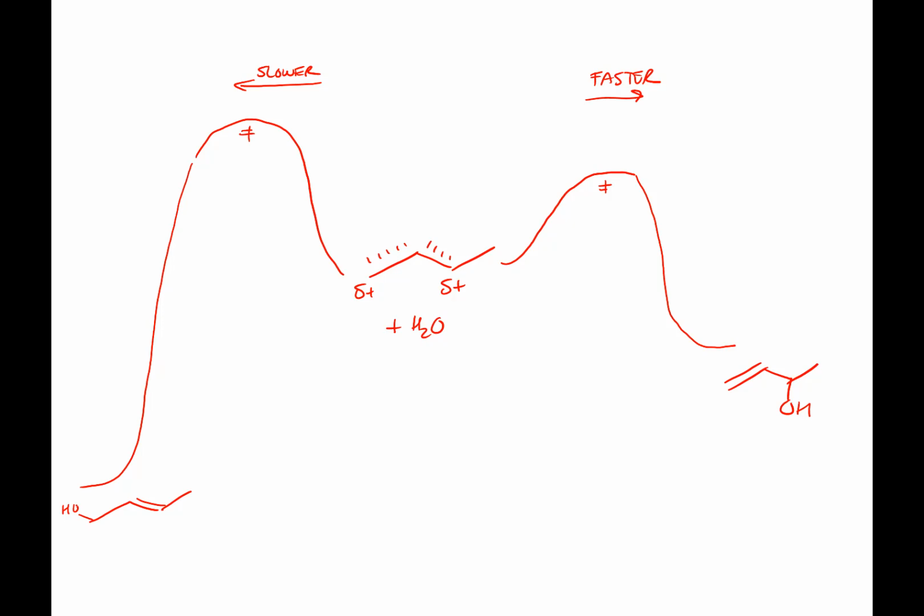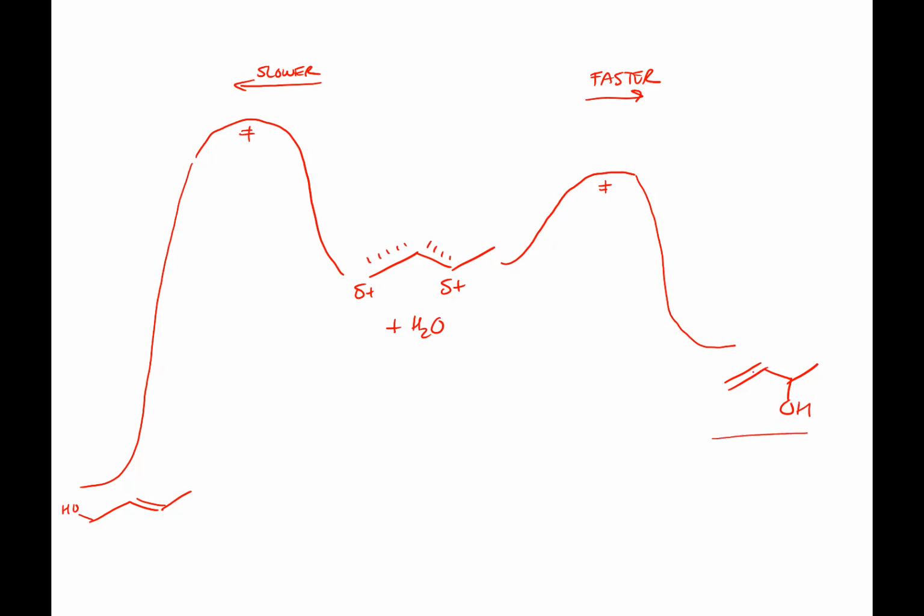Okay. So initially, I'm going to get more right-hand product than I am left-hand product. Reverse, because the one on the right, the one structure you just drew, that's the more stable one. No, this is not.